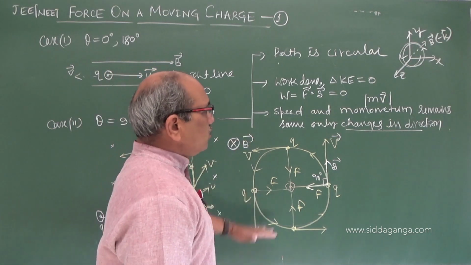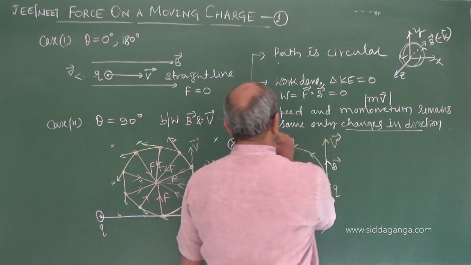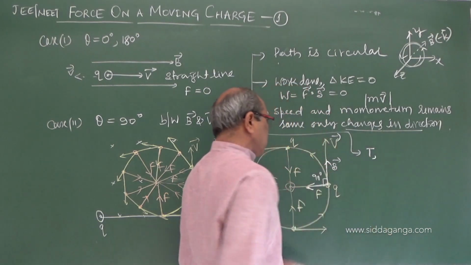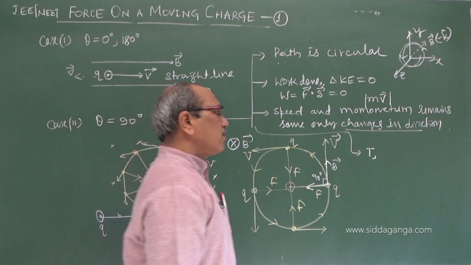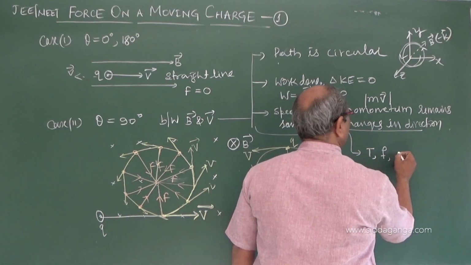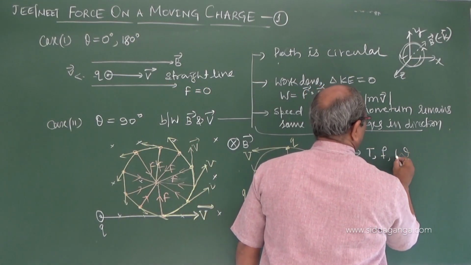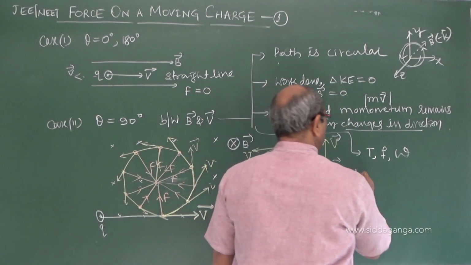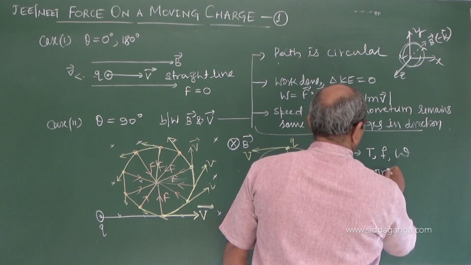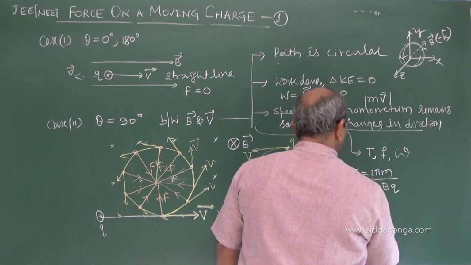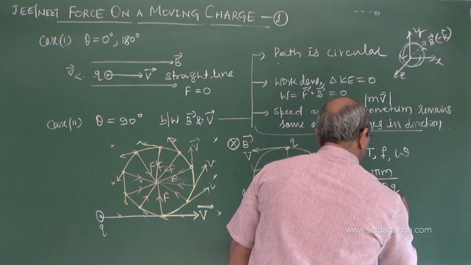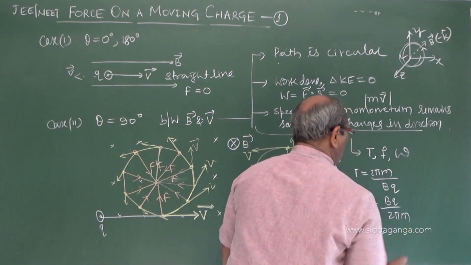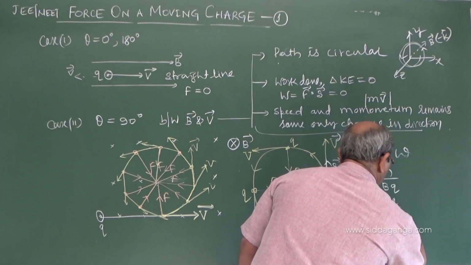Another point I will make clear here. The fourth one: the period of revolution of this charge in the magnetic field, or the frequency of revolution, or the angular frequency. All three. The period is 2 pi m upon bq, the frequency expression is bq upon 2 pi m, and the angular velocity expression we get is bq by m.